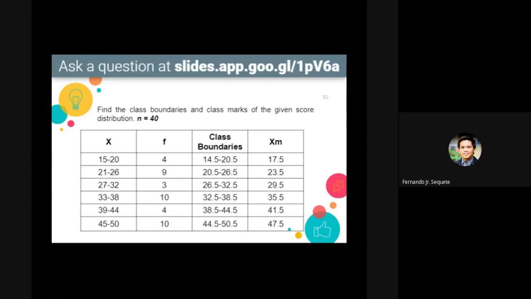Is it 40? Yes, sir. 40. Kasi at some point parang tama yung ginawa natin sa table na to. Okay. Next.